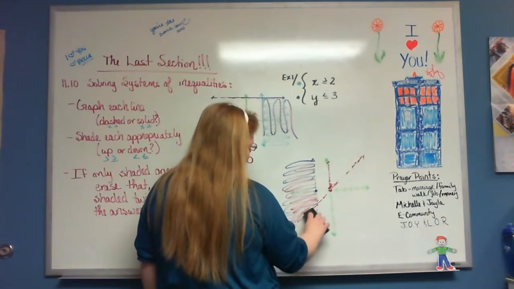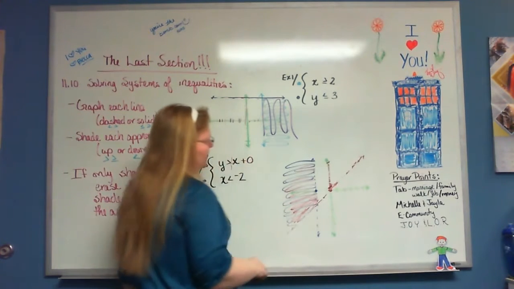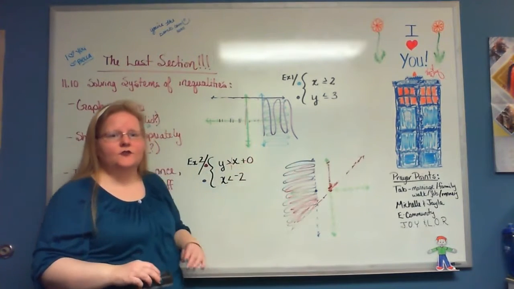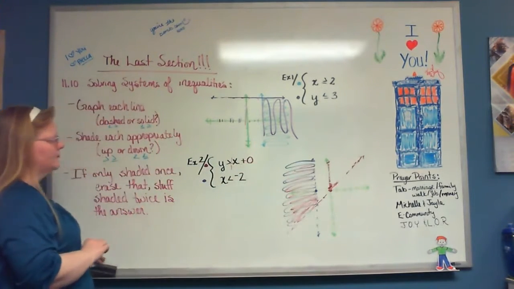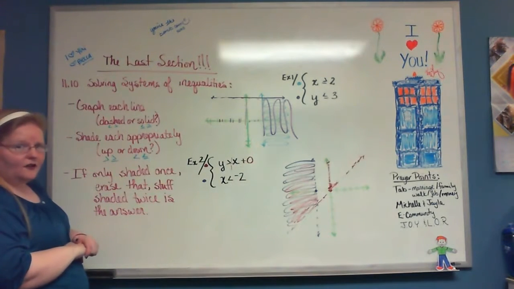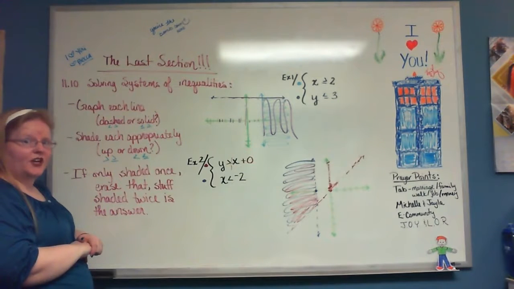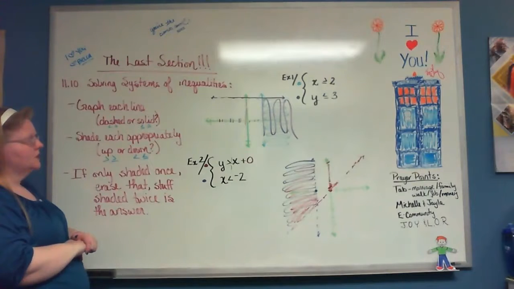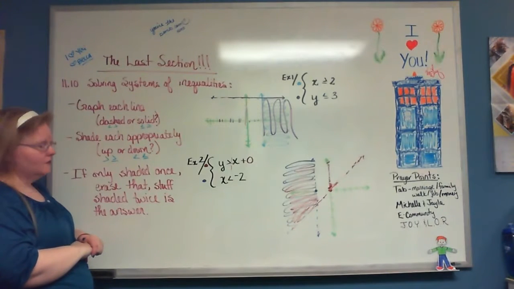And try to leave your lines in. And that means that this section is the answer to that. It's not hard, and it's fun to color. So this should be a piece of cake, right?